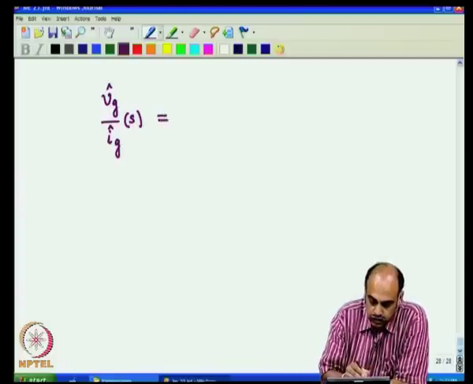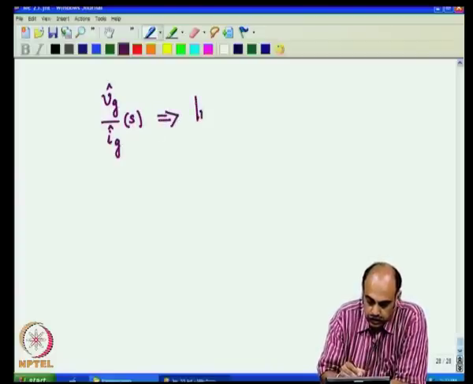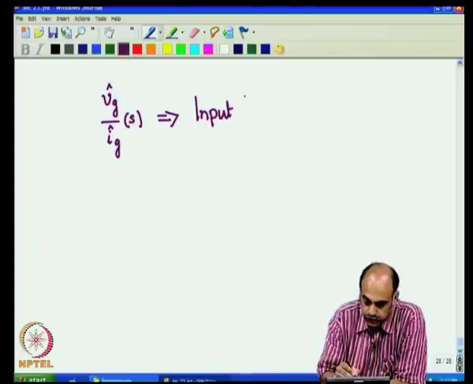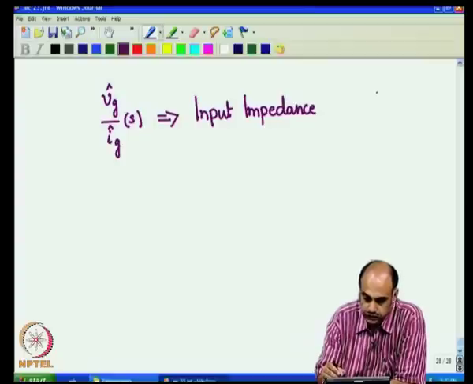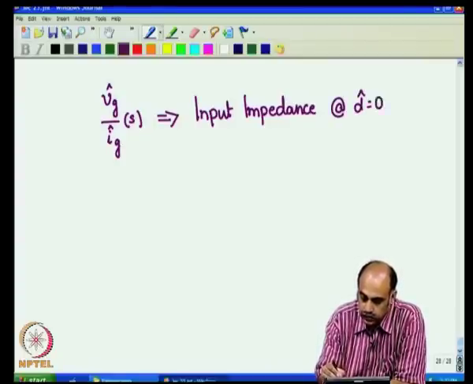This is called the input impedance transfer function at d hat equal to 0, Iz hat is equal to 0.